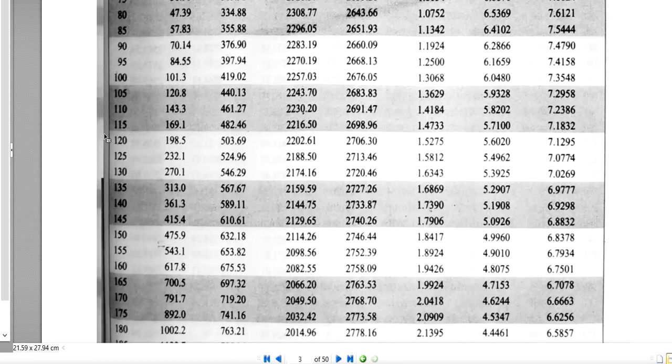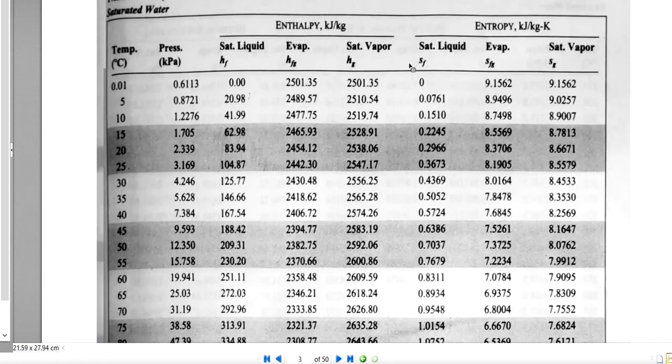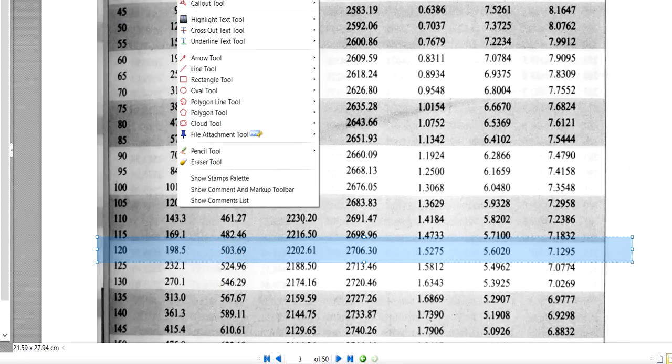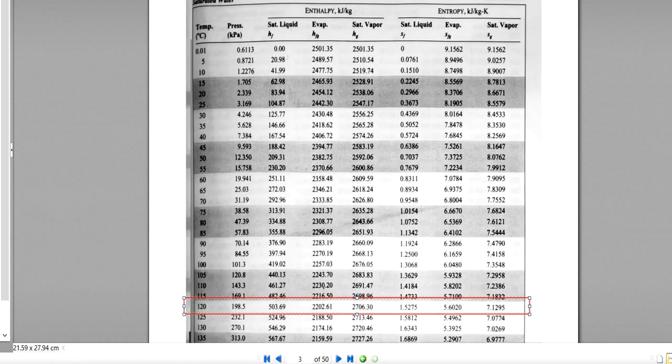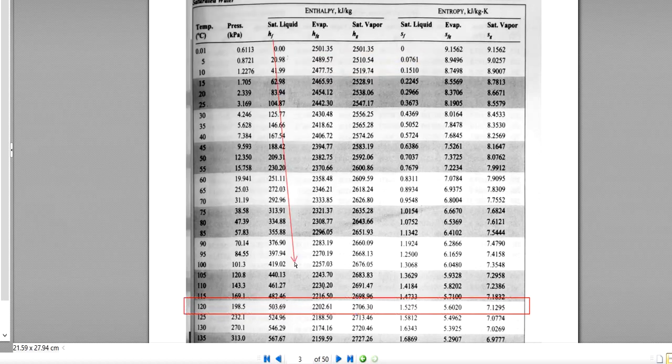we have 120 again. And what we need is HF and SF. So HF is 503.69. Or I think it's better if we use this. So 120 and here.